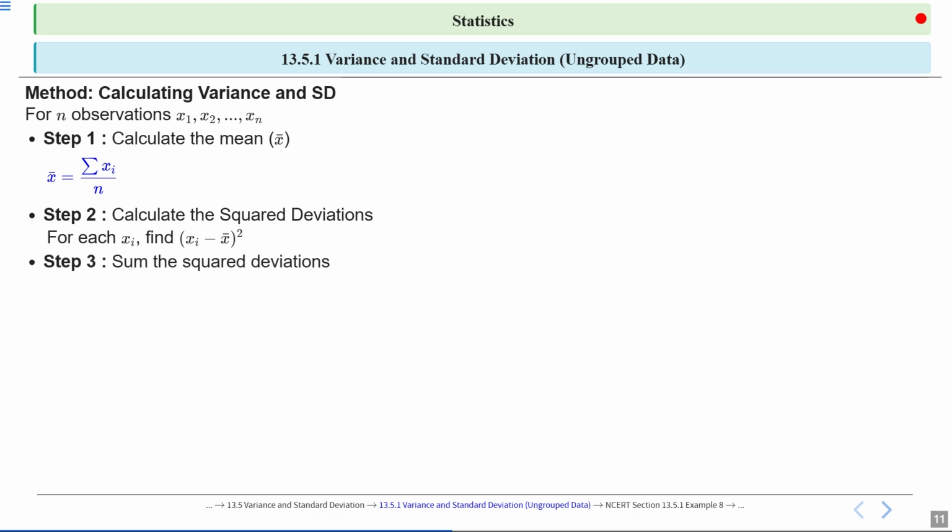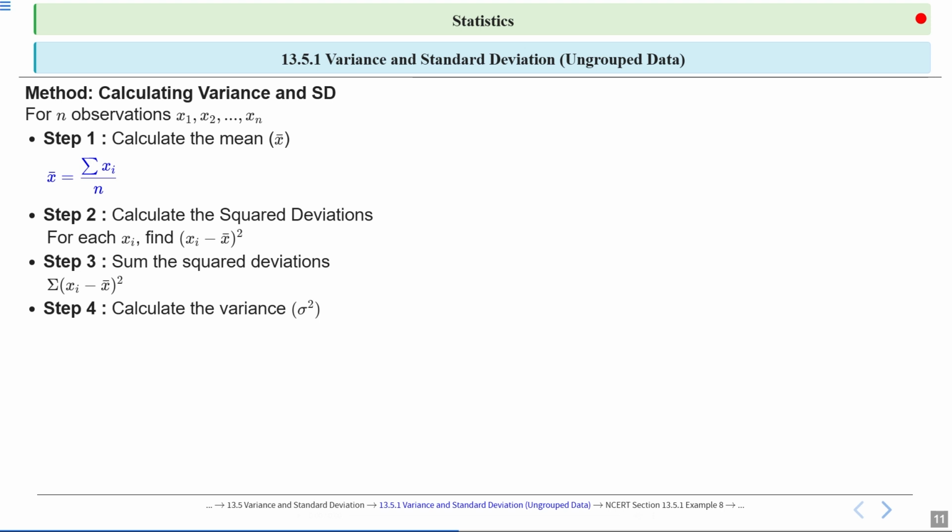Step 3 is to sum up all these squared deviations. So we calculate the sum of (xi minus x bar) whole square for all i from 1 to n. Step 4 is to calculate the variance, for which we use the symbol sigma squared.